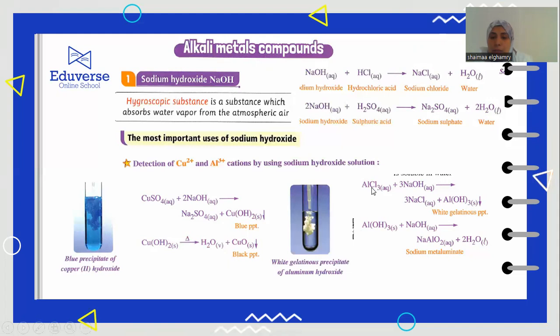Aluminum chloride, AlCl3, plus NaOH forms NaCl, which is aqueous, plus Al(OH)3, which is a white gelatinous precipitate. This white gelatinous precipitate disappears if we add more of what? Of NaOH, due to formation of sodium metaluminate.